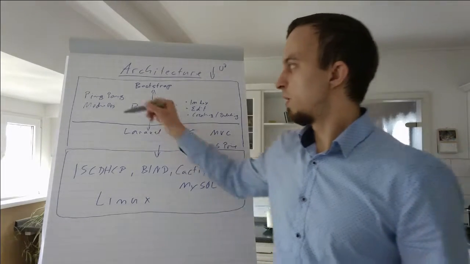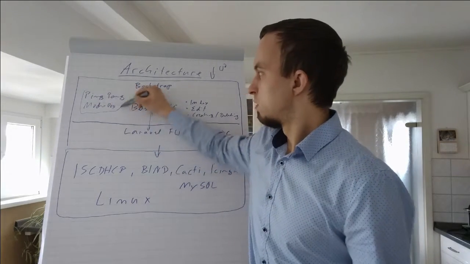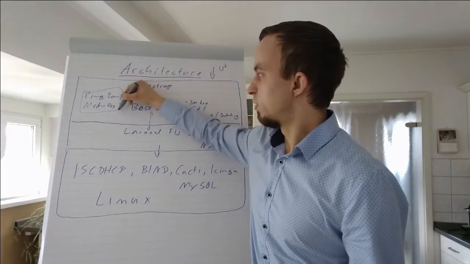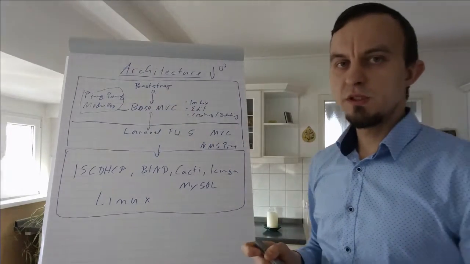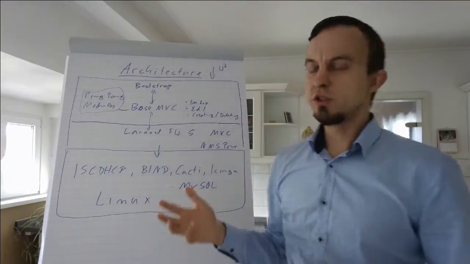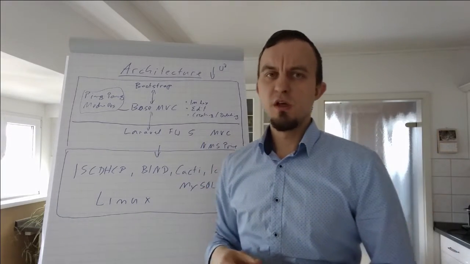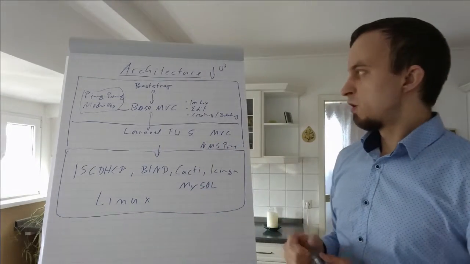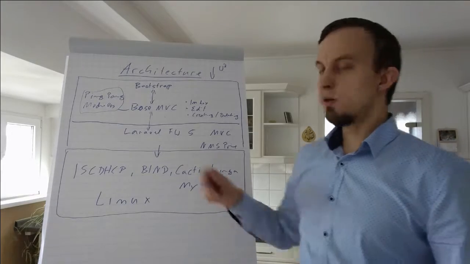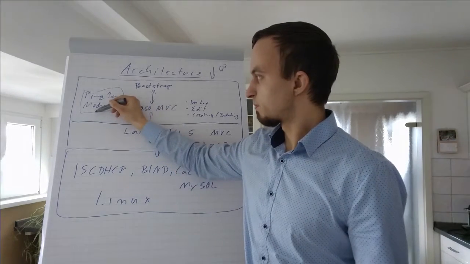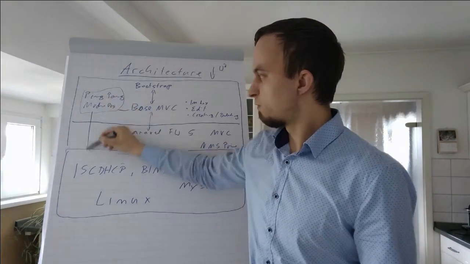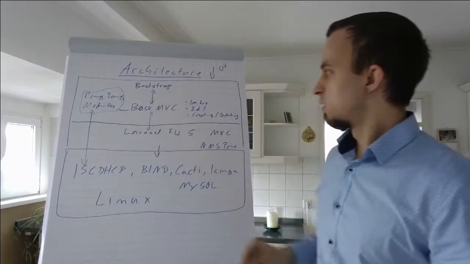So for example, we have a provisioning module which is directly connected with the base MVC, then we have a monitoring module which is connected with the base MVC, and then we have other modules. And these modules, for example, can also directly interact with our standard Linux stuff.